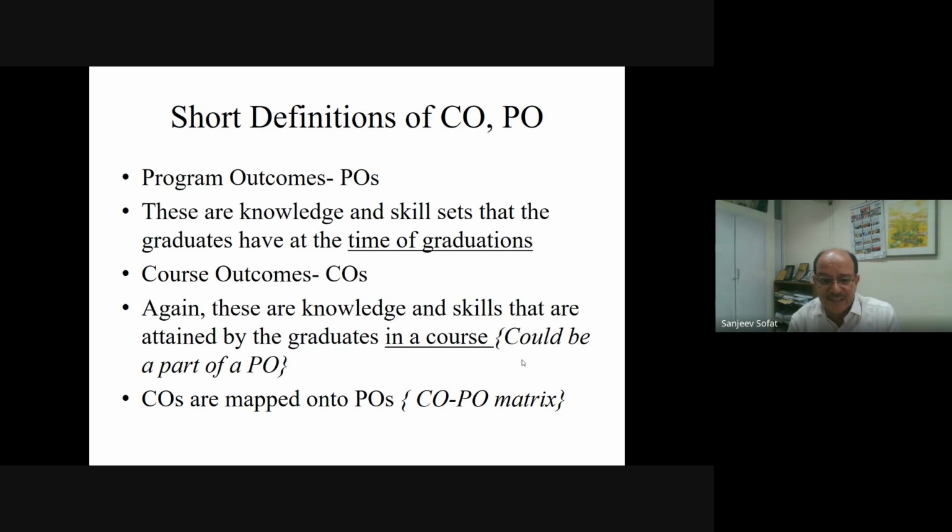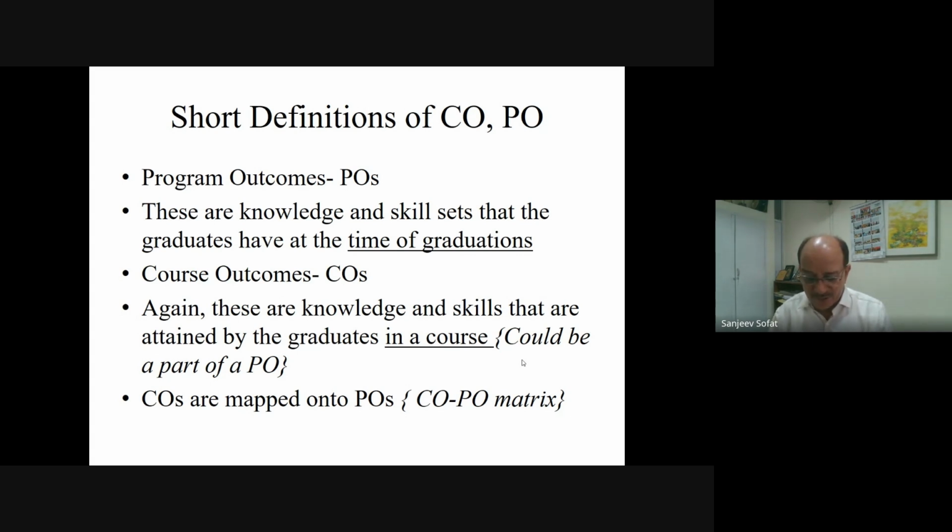So again, this is the knowledge and skill attained by the graduate in a particular course. One thing is we are talking about the program, and the other is a course, which can be a part of the program outcome. This is what we have to see: how exactly your knowledge and skills are acquired for the program as well as the courses.